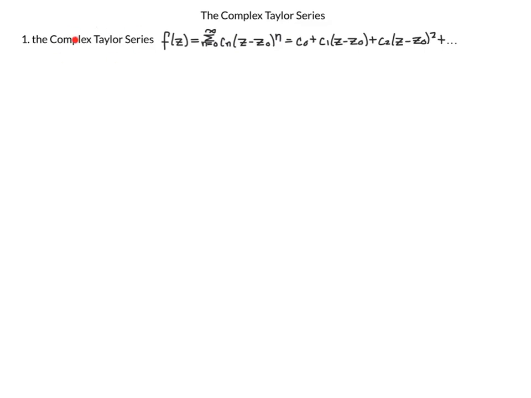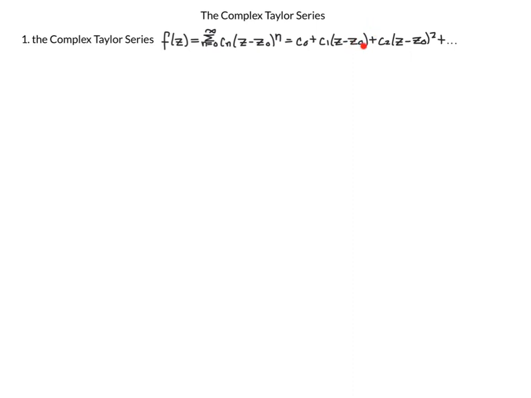The general form of the complex Taylor series looks just like the real Taylor series. It's a polynomial here, so we have a coefficient, another coefficient times z minus z naught raised to the first, coefficient z minus z naught raised to the second power, and on up to the nth power.